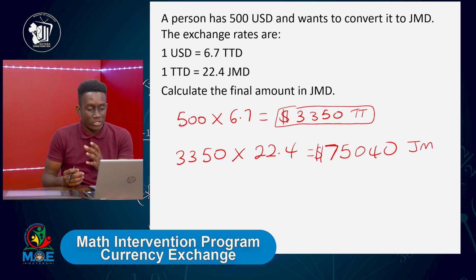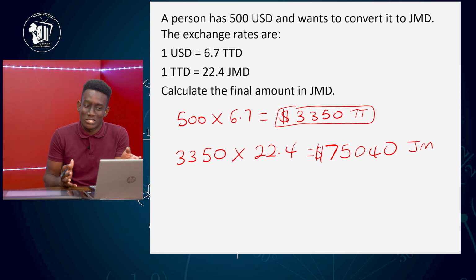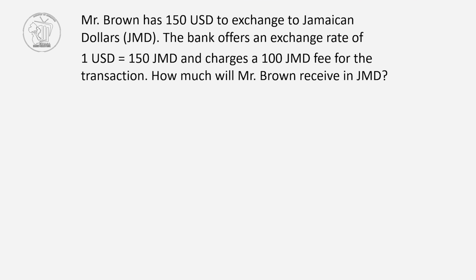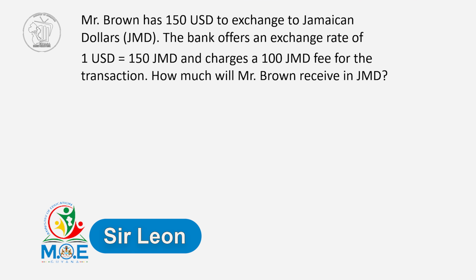So we saw that we first had to convert it to TT and then from TT to Jamaican dollars because we did not have a direct conversion rate in this question, from US to Jamaican dollars. Now let's look at the last question. The last question says, Mr. Brown has 150 US dollars to exchange to Jamaican dollars.